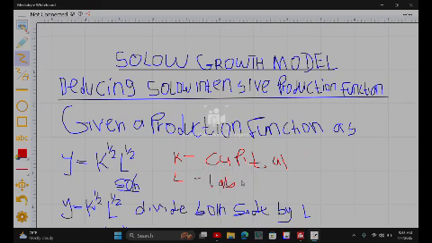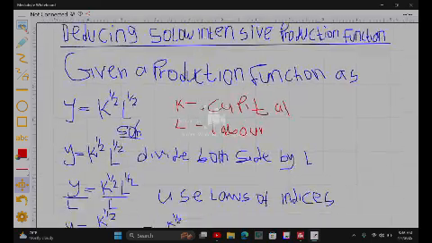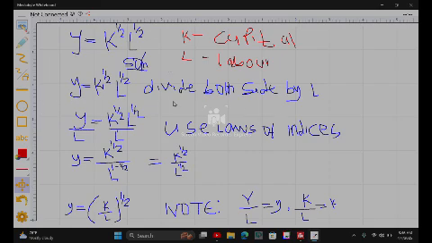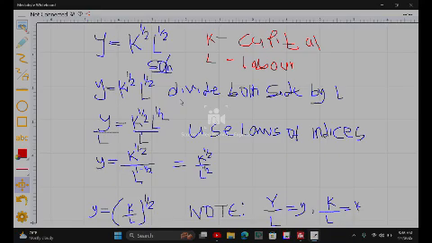So right now, what do we need to do next? Our next step is to divide both sides by L, by labor. You can see that I've made a statement here.